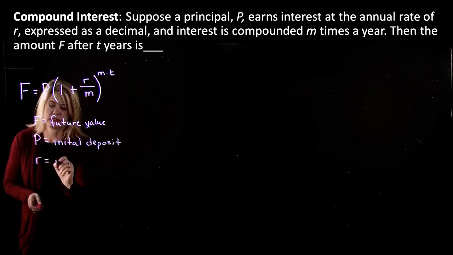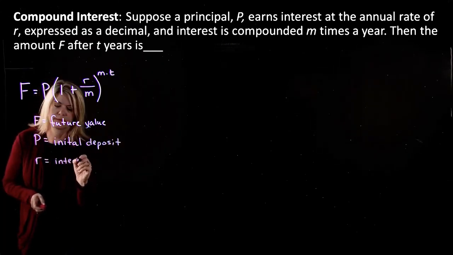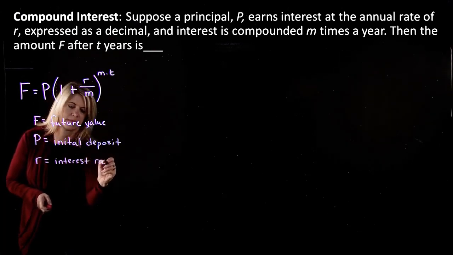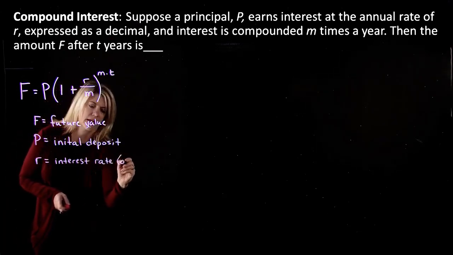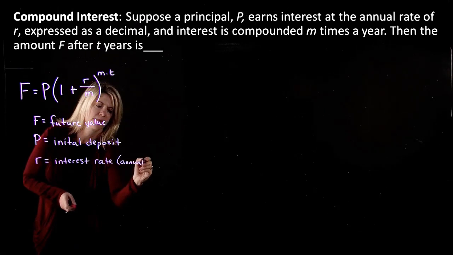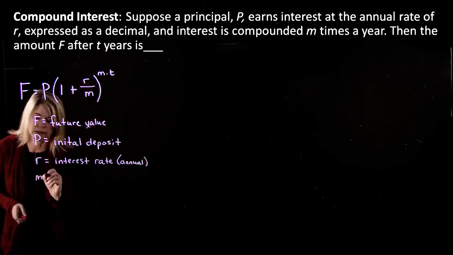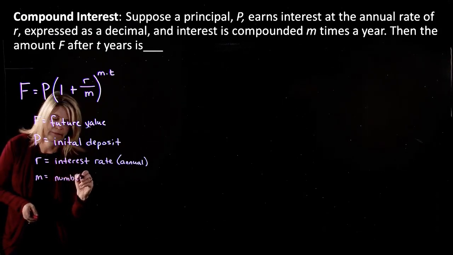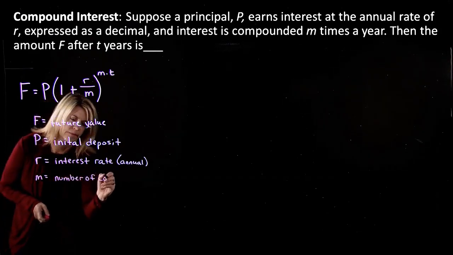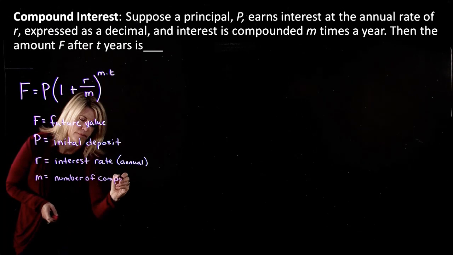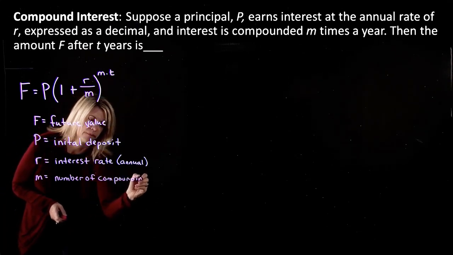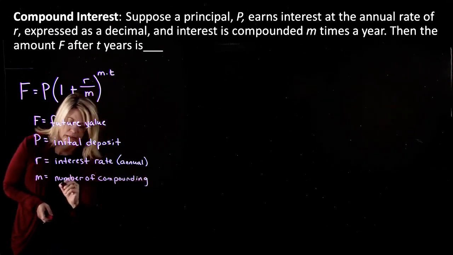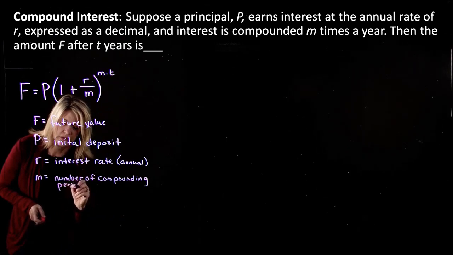R is the interest rate, and again, this is an annual interest rate. M is the number of compounding periods. Okay, so let's talk about this for a second.